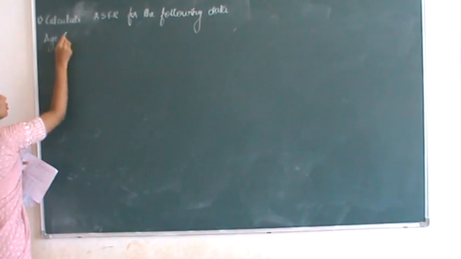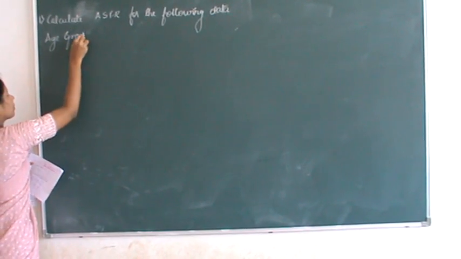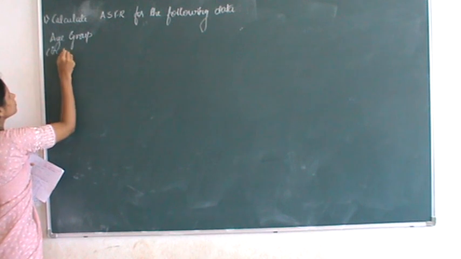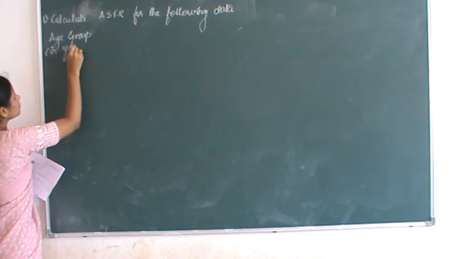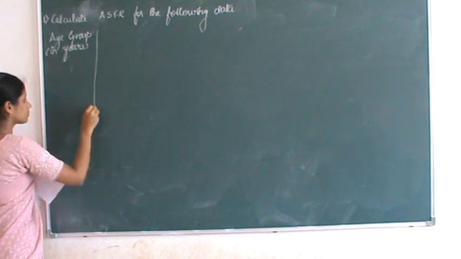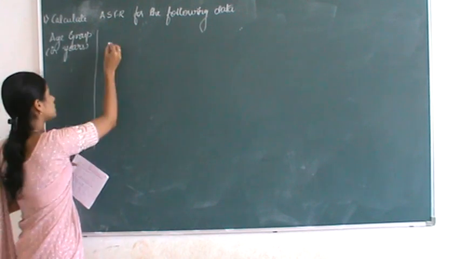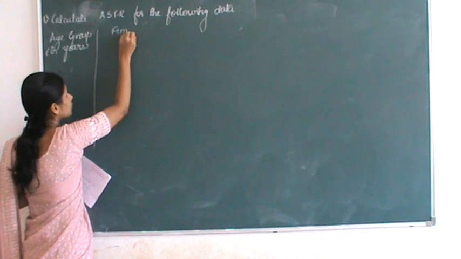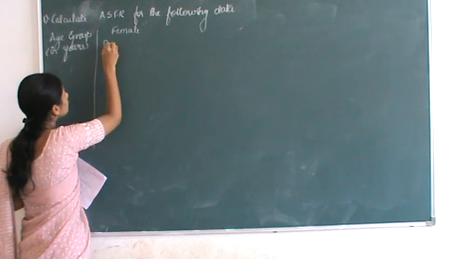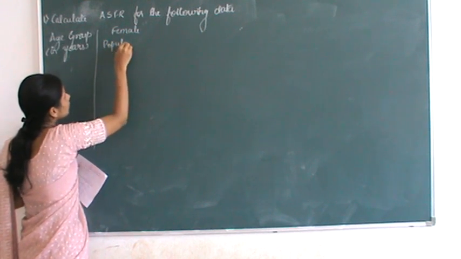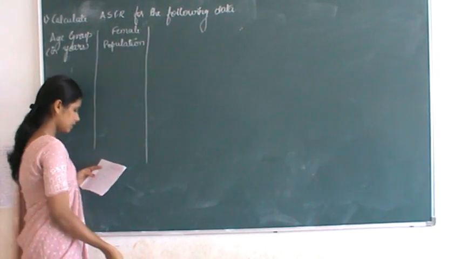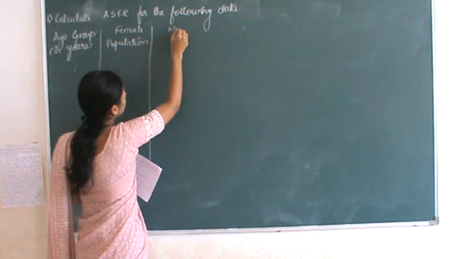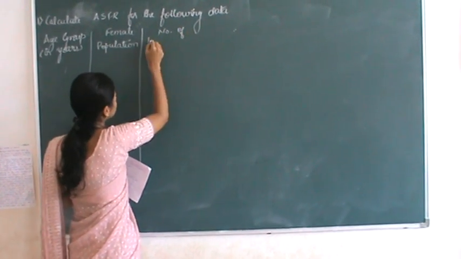And the information given is age group in years, next information is female population, next it is number of live births.